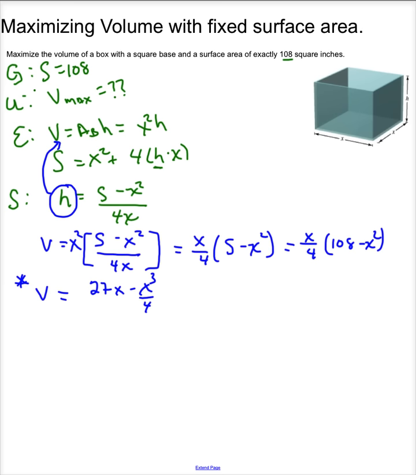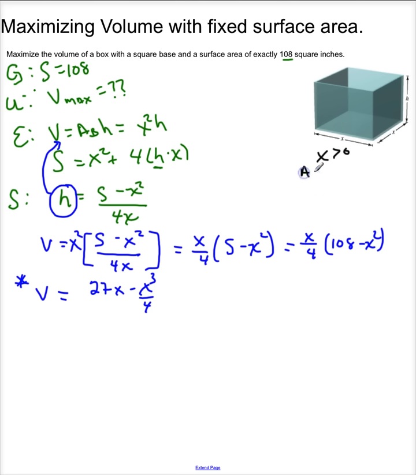Now, the next thing we need to do is determine what would make a reasonable answer. What would be a reasonable domain? Well, you know that x has to be positive, all right? So it can't be 0 and it can't be negative. Now, what's the area of the base?